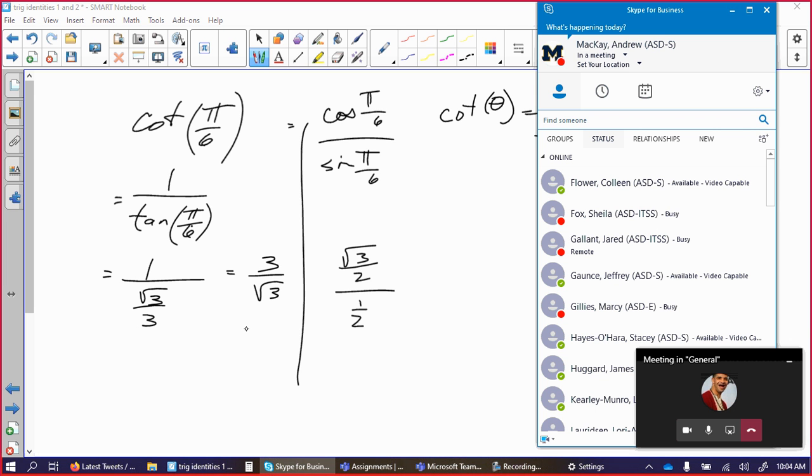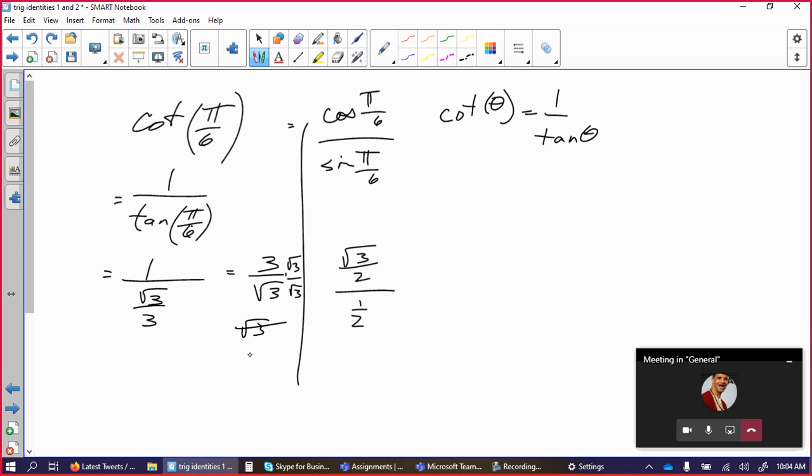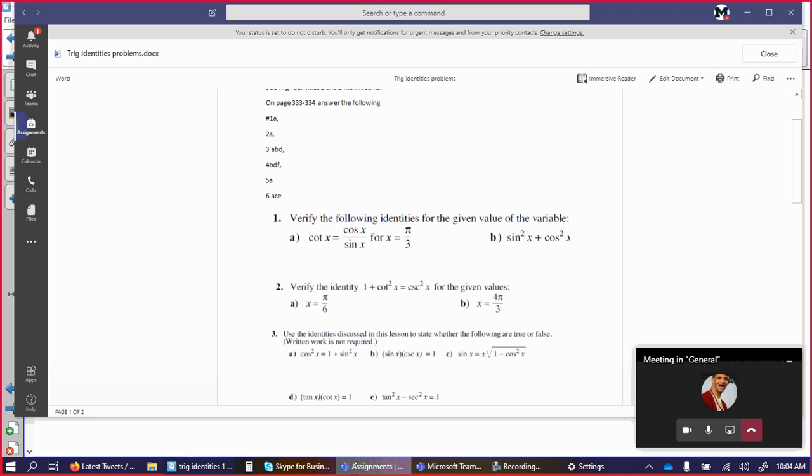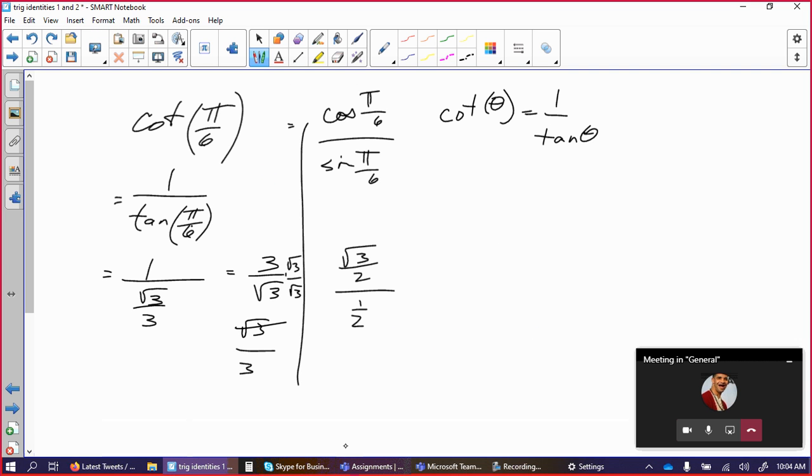Rationalizing, that would be root 3 over 3. What am I doing? Verify the work for the given variable. Cos pi, I've got those correct.